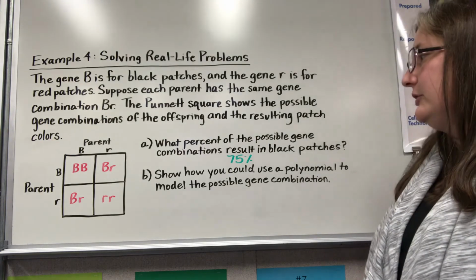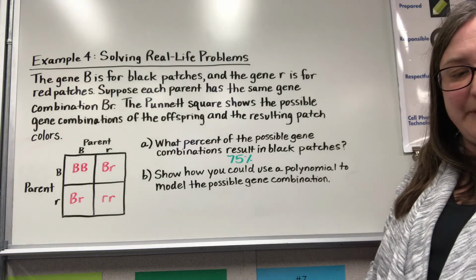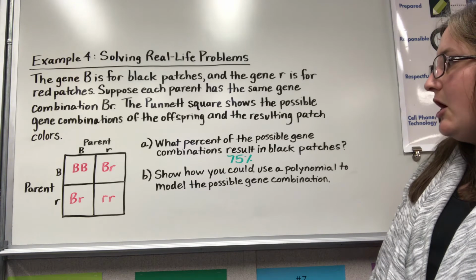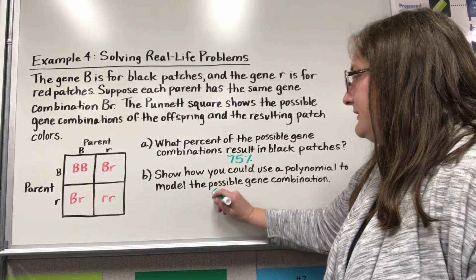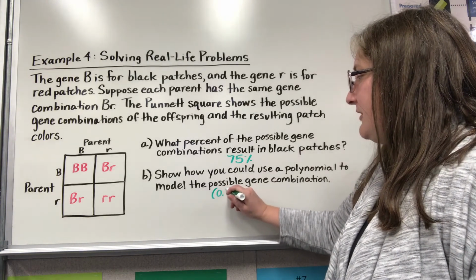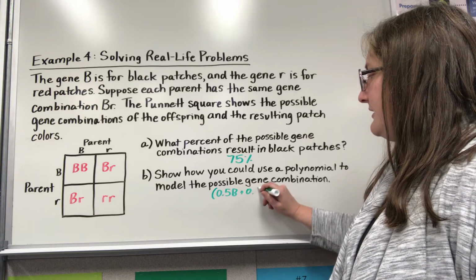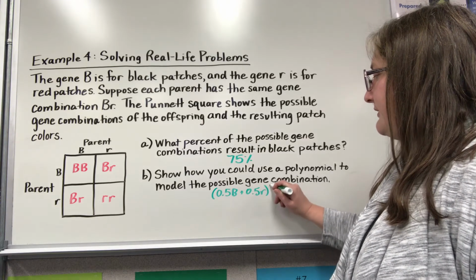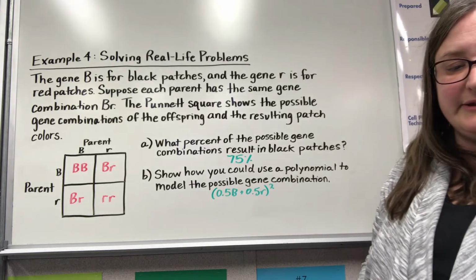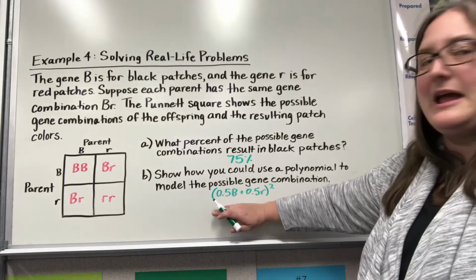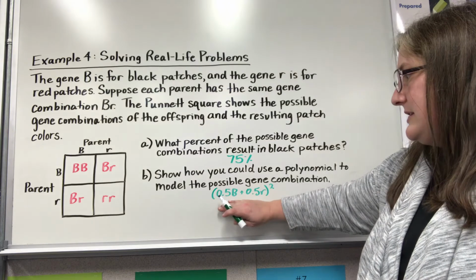We could use a polynomial to model these gene combinations. So we know in this case that both parents are giving you a 50% chance to get the B gene and a 50% chance of getting the R gene, and it's squared because in this case we've got mom and dad giving you this possibility.